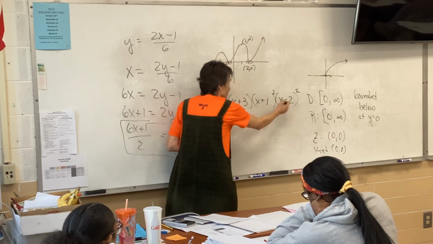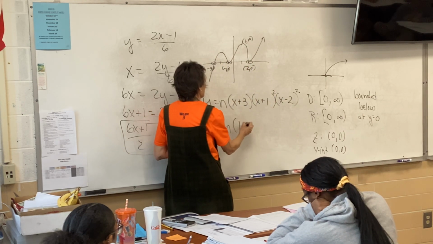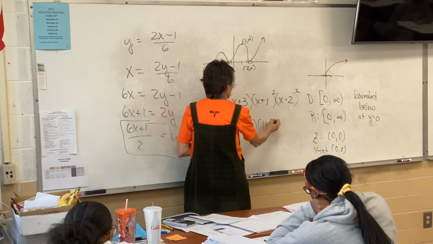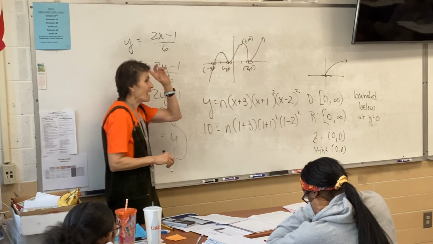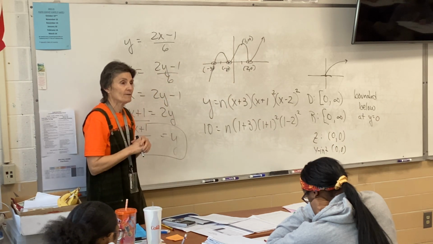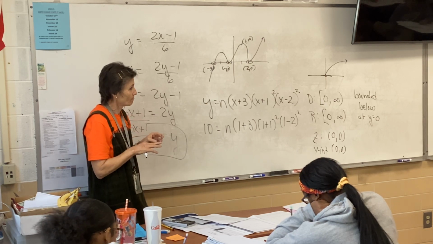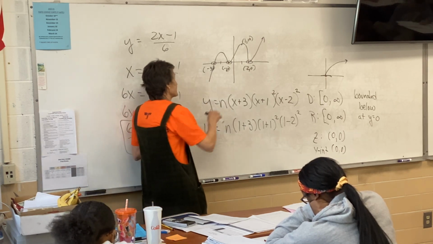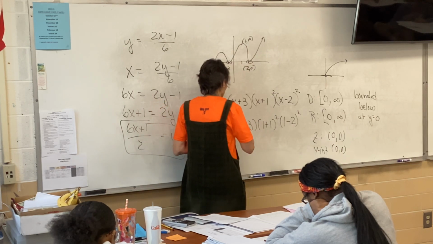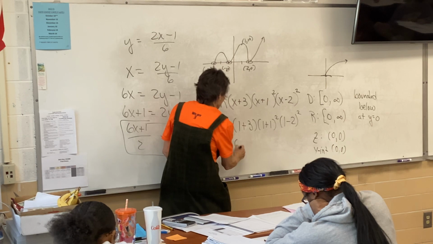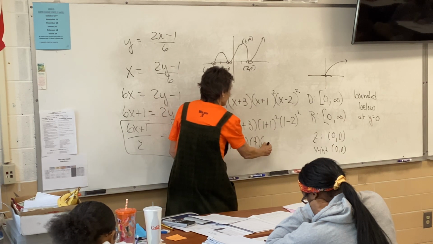Only x-intercepts go here. That is the point I plug in. Do you remember that, guys? That is the point that's going to help me figure out what my leading coefficient is. So I'll put 10 in for y and 1 in for x. So I have 4, 1 plus 1 is 2 squared, and another 4, another 1.